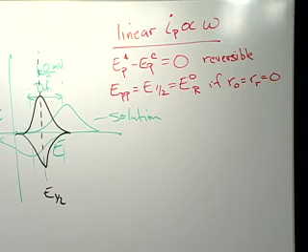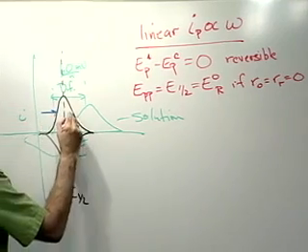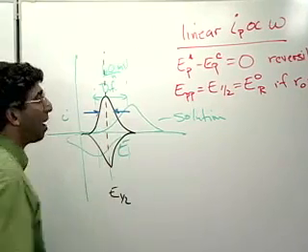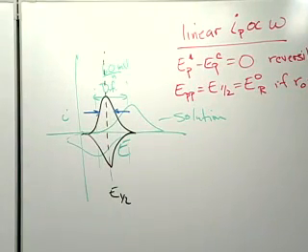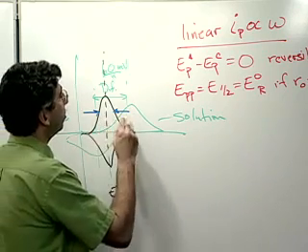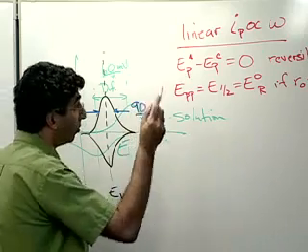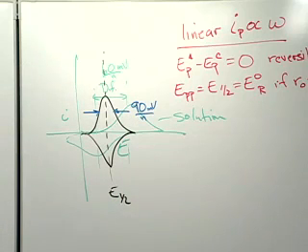There's another parameter to think about here, and that is we now have some interest in the full width at half max of that peak. It has a well-defined full width at half max. It's given by the Anson equation, and it turns out that for the reversible system, that will be 90 millivolts divided by n, the number of electrons in the Nernstian equilibrium.